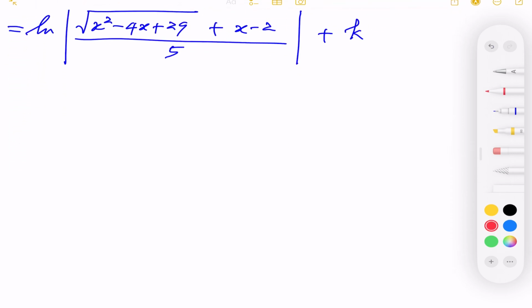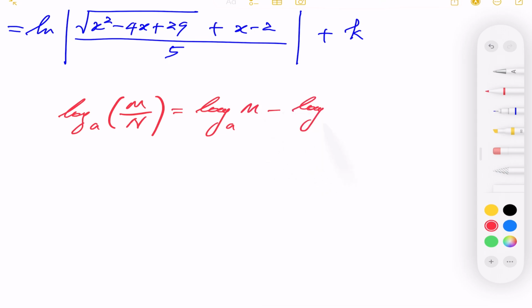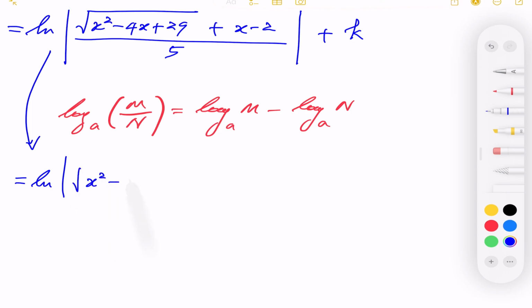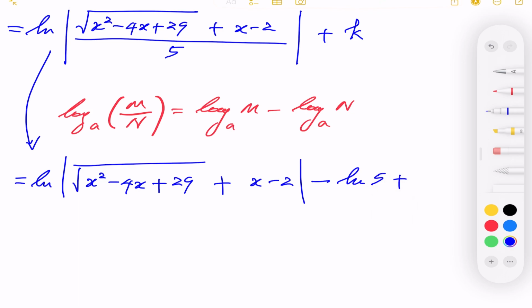If you remember basic properties of logarithm, I'm going to use the property logarithm base a of m divided by n is equal to logarithm base a of m minus logarithm base a of n. When I apply that property, this answer now becomes natural logarithm, absolute signs, square root of x squared minus 4x plus 29 plus x minus 2, close absolute signs, minus natural logarithm of 5. We also have a plus k.